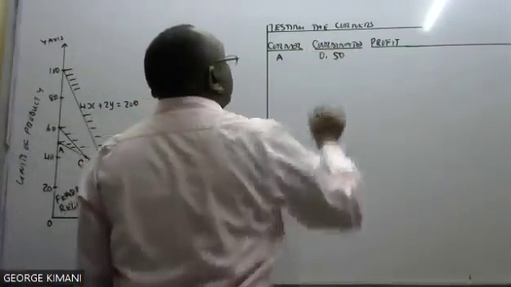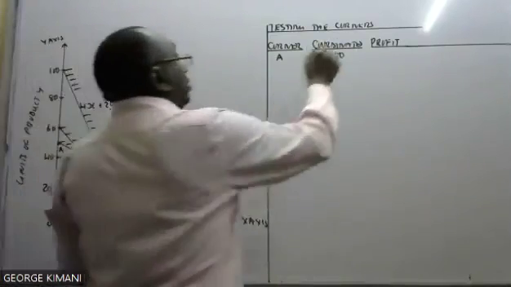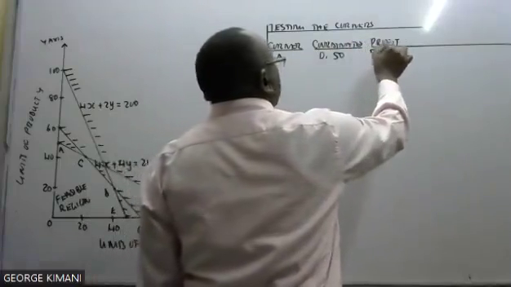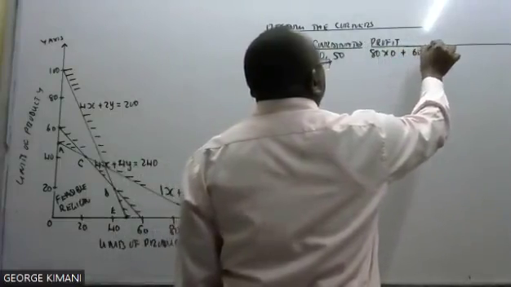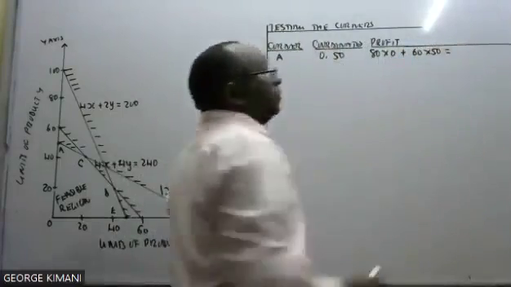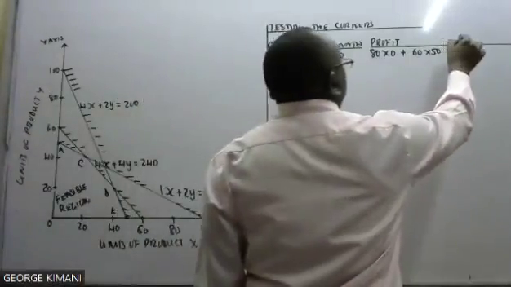0, 50. Now our profit was 80, 60, right? So it is 80 times 0 plus 60 times 50. That is 3,000.